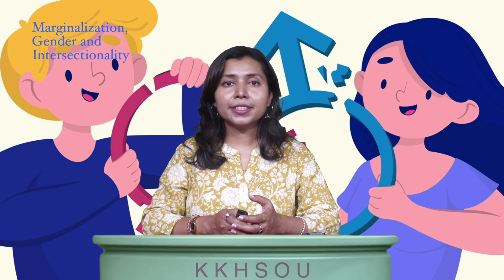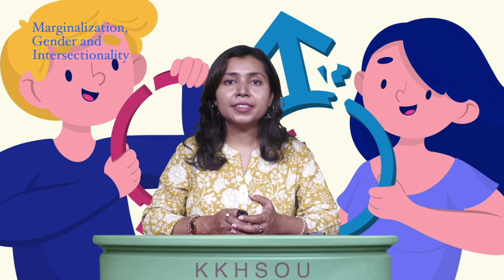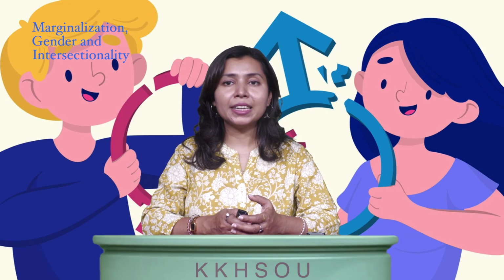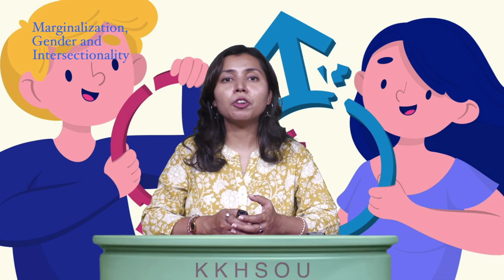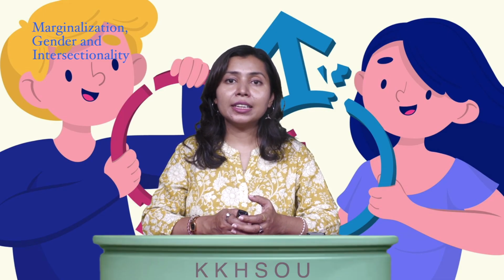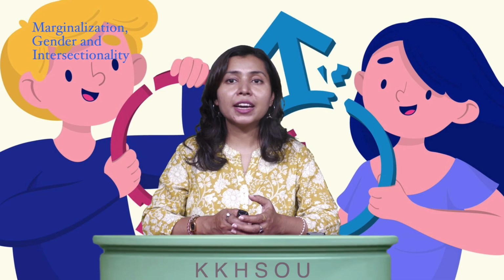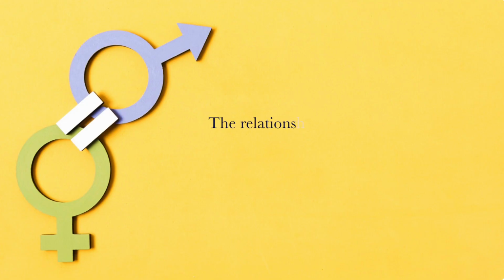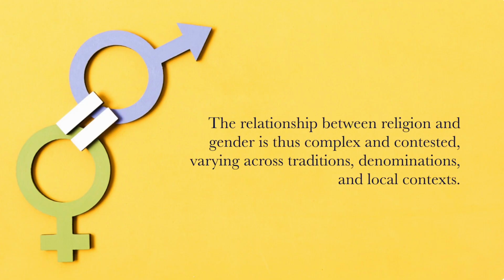In some contexts, religion provides resources for women's empowerment and resistance to secular forms of oppression. In others, religious fundamentalism intensifies gender oppression. The relationship between religion and gender is thus very complex and contested, varying across traditions, denominations, and local contexts.